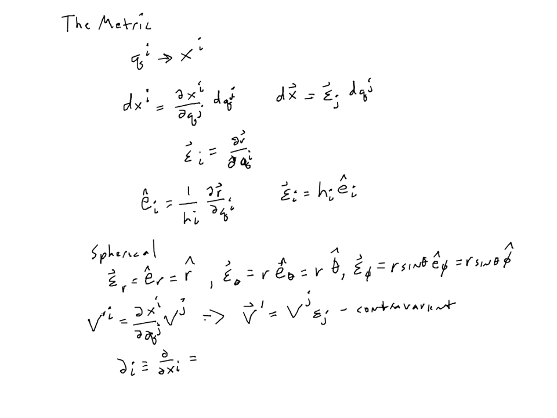That is equal to taking a derivative of the coordinate with respect to xi, and then multiplying that by a derivative with respect to the coordinate. So when I make this statement, partial i, I'm not really referring to the coordinate system. This is a coordinate independent thing.